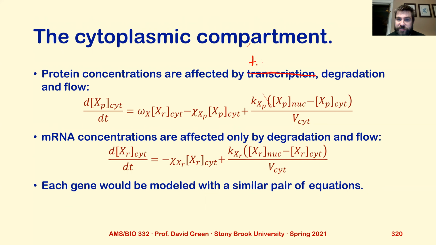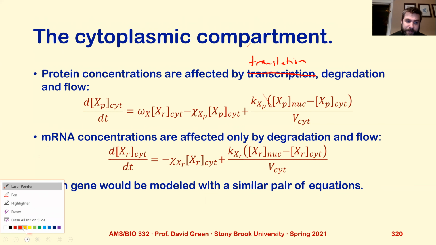Protein concentrations are affected by translation, degradation, and flow. And so we might write a rate of change for the protein concentration in the cytoplasm, which has all of our key terms.